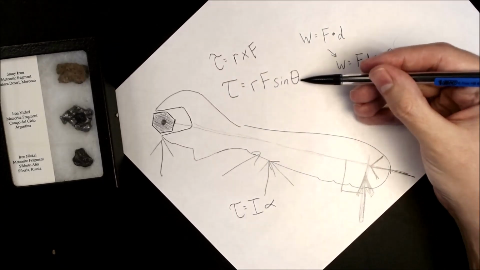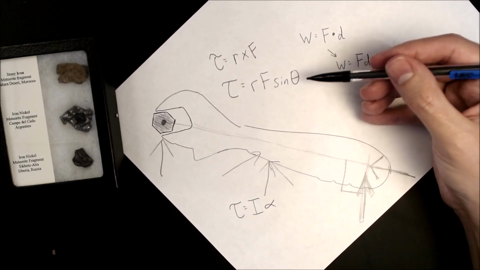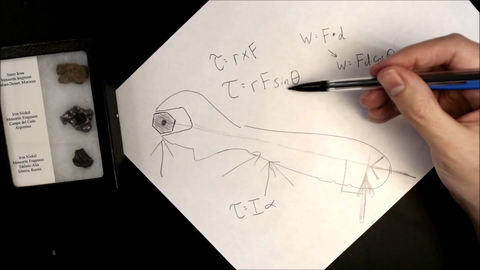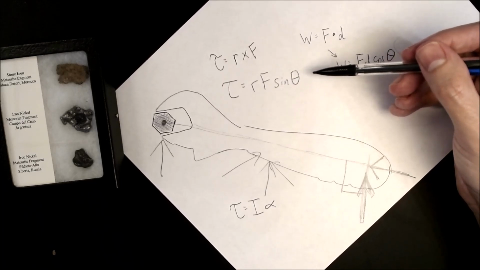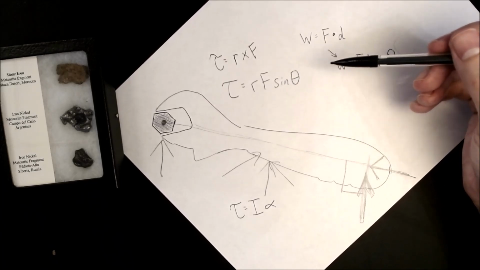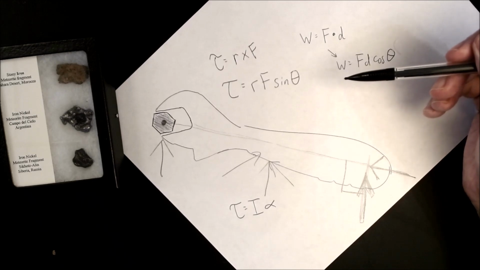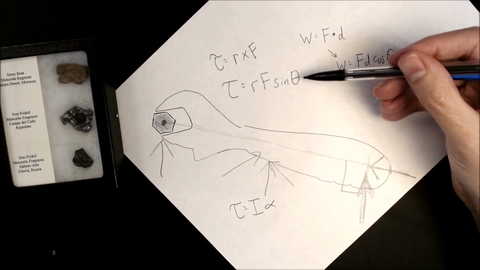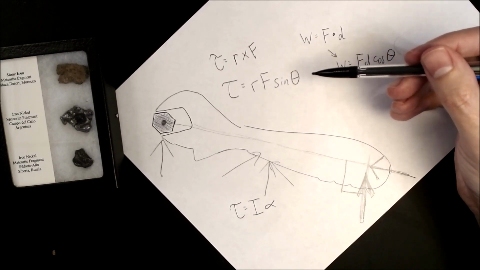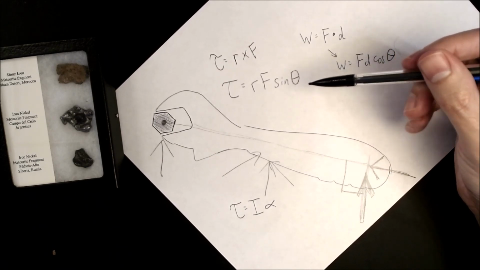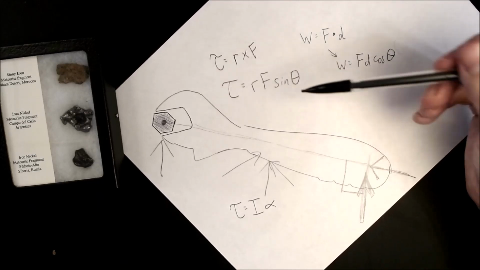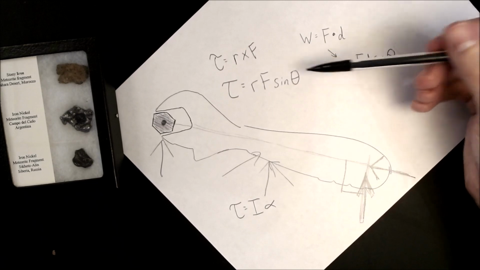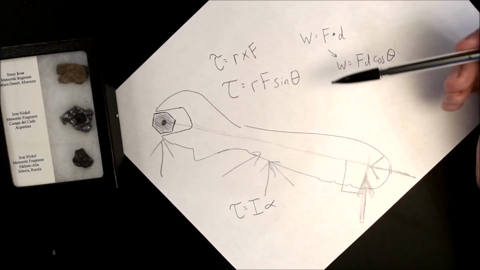Now what about sine of theta? Think for a second and remember, when is the sine of theta 0 and when is the sine of theta 1? Think about that. The sine of theta is going to equal 0 when the angle theta is equal to 0. Sine of 0 is equal to 0.